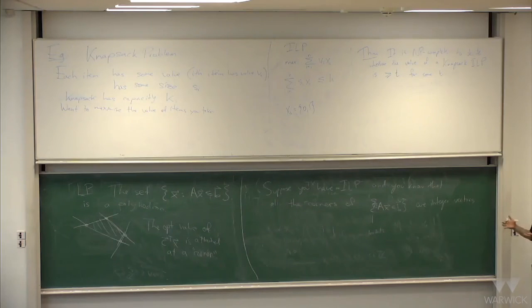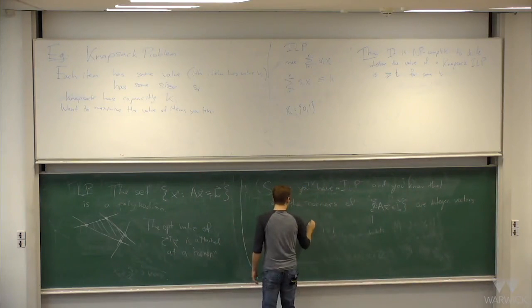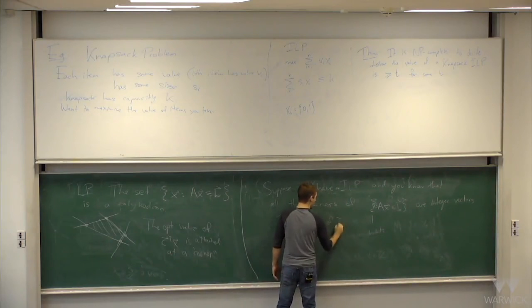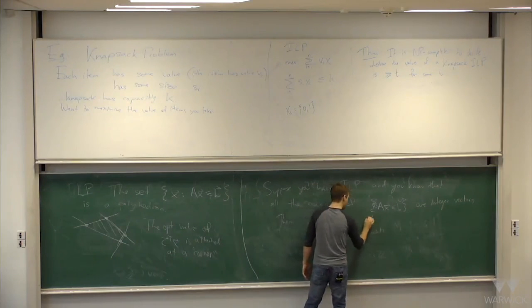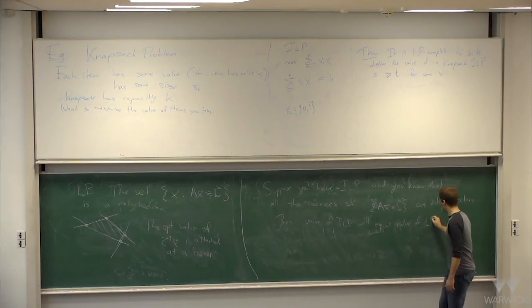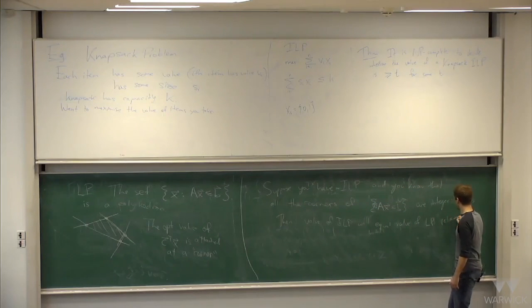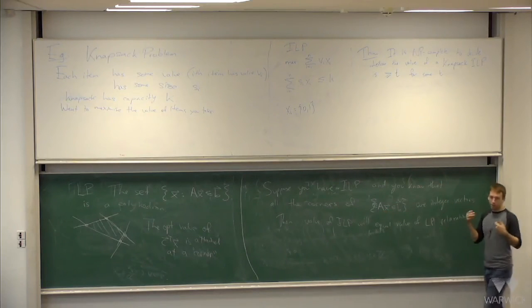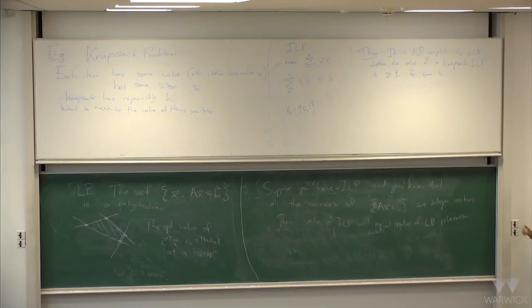Then definitely the value of the integer linear program will equal the value of the LP relaxation. This is just a basic thing because the linear program is optimized at one of the corners. All of those corners are feasible for the integer linear program. So one of them is best for the linear program, and it has to also be best for the integer linear program.